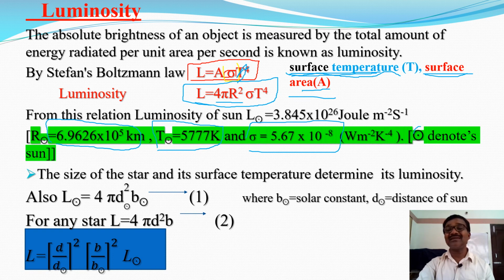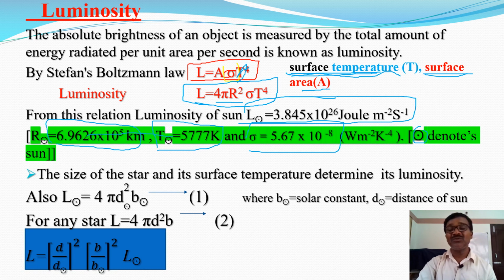Here, this sign denotes the sun symbol. We get the luminosity of the sun, which is equal to 3.845 into 10 raised to 26 joule per second. After putting these values in this equation, this is the luminosity of our sun.